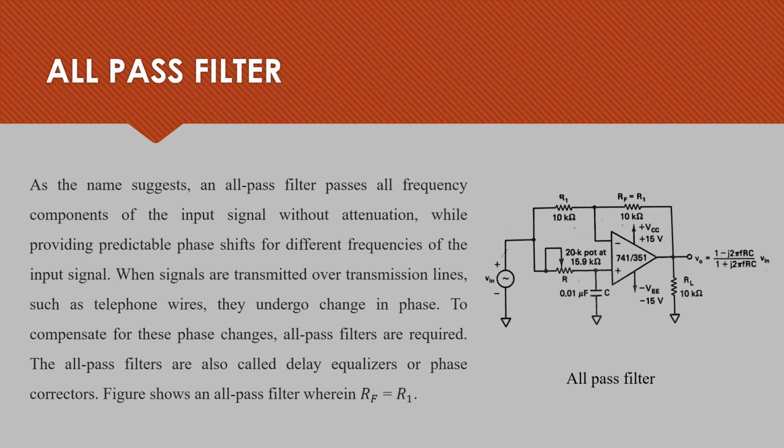When input signals are transmitted over transmission lines such as telephone wires, they undergo a change in phase. To compensate these phases, all pass filters are required. The all pass filters are also called delay equalizers or phase correctors.